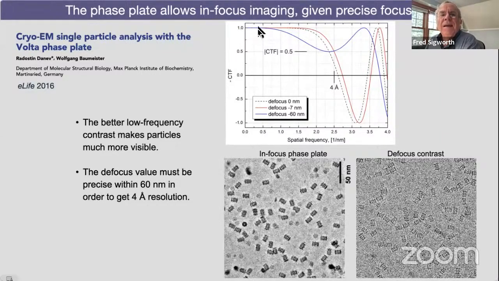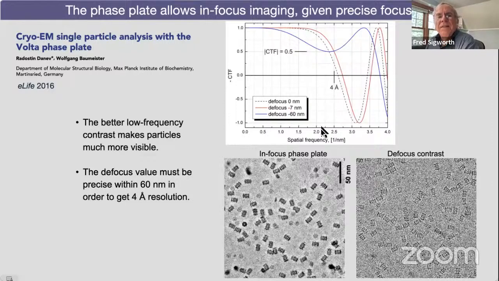You can really see your molecules a whole lot better than you can in defocus contrast. And so this is minus CTF plotted as a function of spatial frequency, and so this cosine CTF is perfectly flat until spherical aberration takes over and it starts to oscillate.